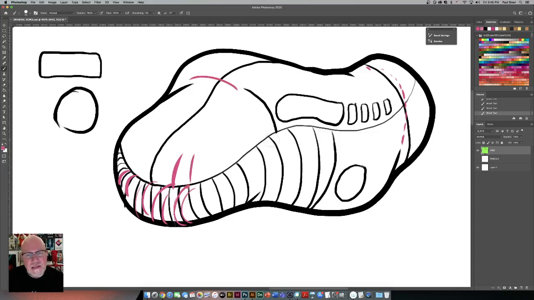These lines are giving you information about how this section feels. This is giving you information about how this bulges out, or how it flows or changes direction when it gets to a fold, and that kind of stuff.